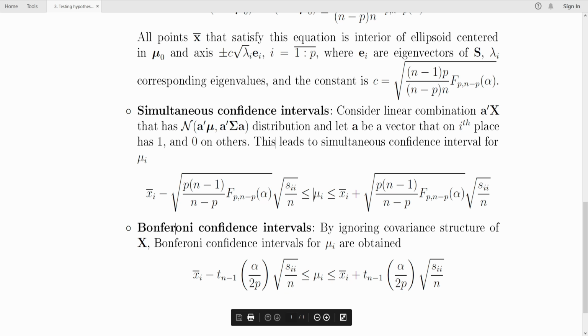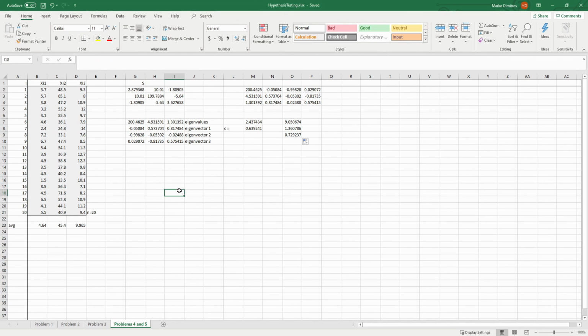Let's go to Excel. We just need to put in the formula for the simultaneous intervals. What we have is our x1 bar minus the square root of S11, our first value, multiplied by the square root of p times n minus 1 divided by n minus p times our Fisher value, which is our constant c.